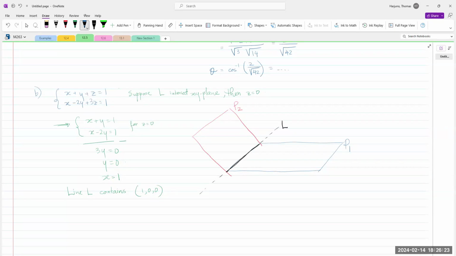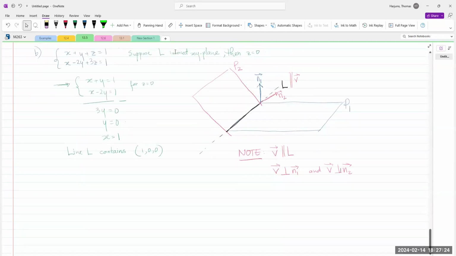Notice that the vector normal to P1 looks like this, and the vector normal to P2 looks like this. And the direction vector we look for, the one parallel to L, from that picture you see that the direction vector parallel to line L is normal to the normal vector of plane 1 and also normal to the normal vector of plane 2.